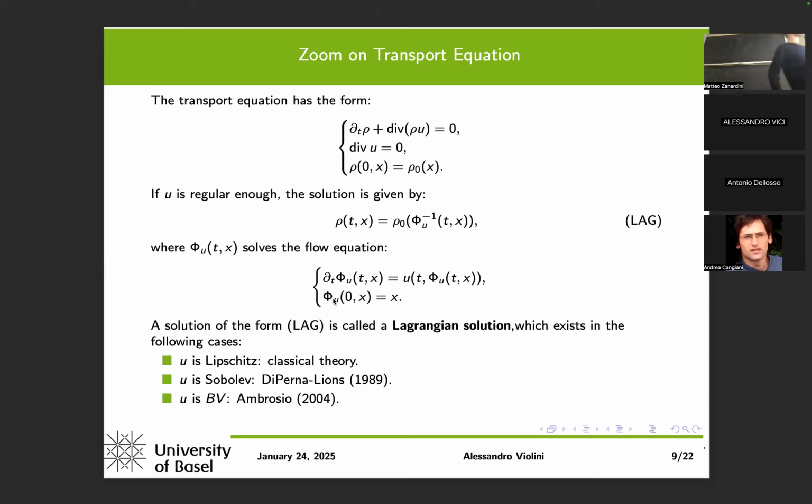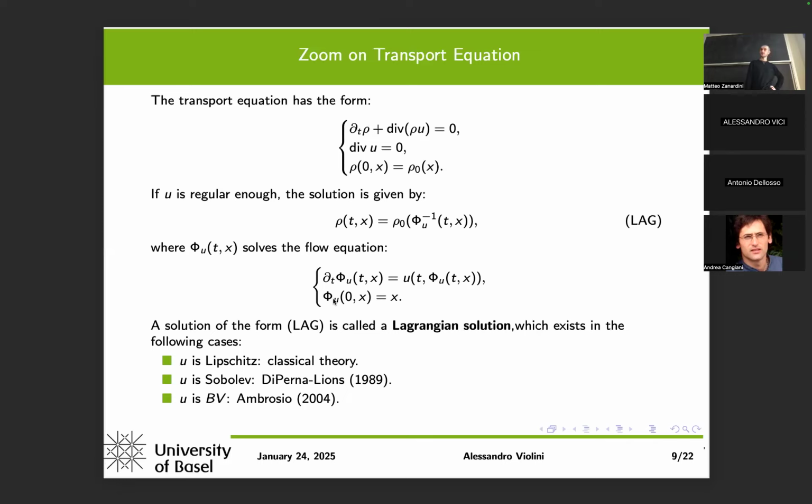And so you can say that you have also this kind of solution. There was an improvement of this theory by DiPerna and Lions in '89, where they proved that under some Sobolev exponents, you have the same. So if U is Sobolev, you have existence and uniqueness of this type of solutions. And there was the last improvement, which is the Ambrosio one, that if U is BV, you have the same.